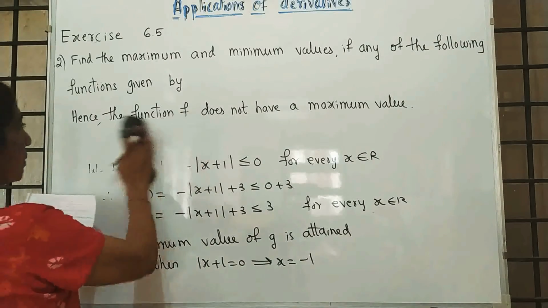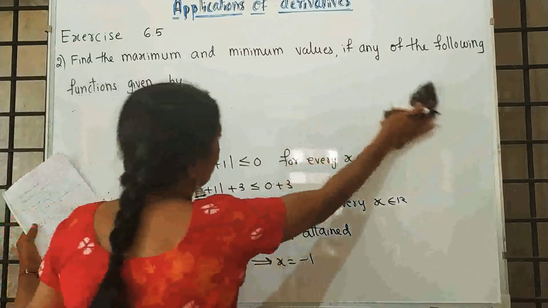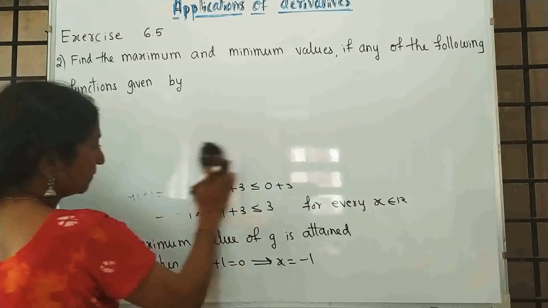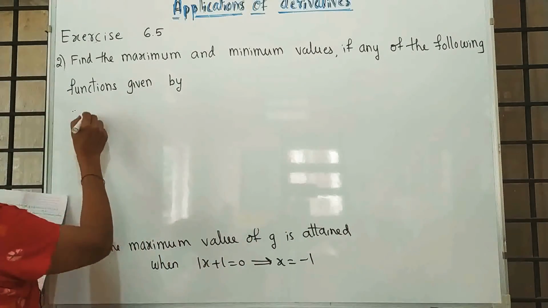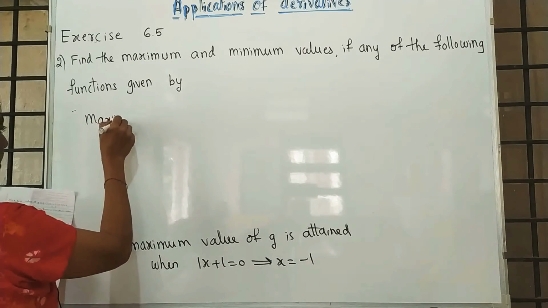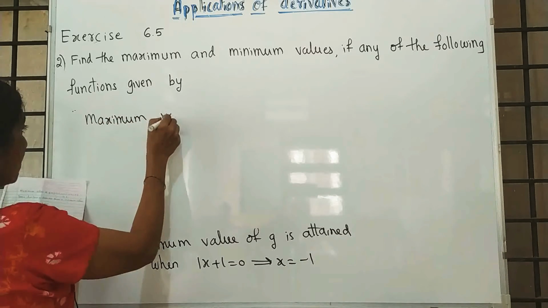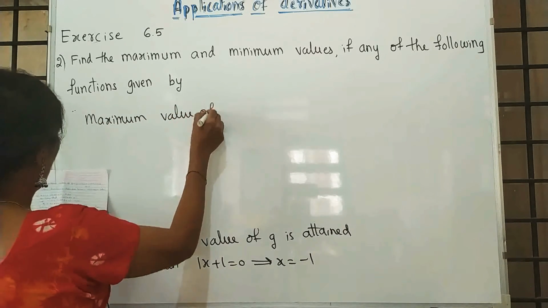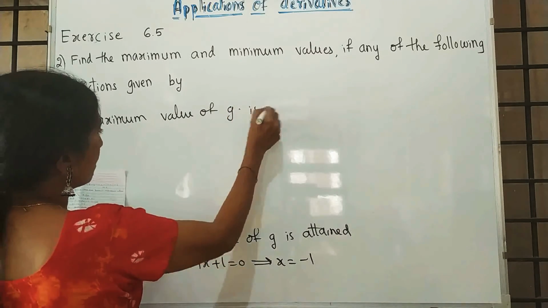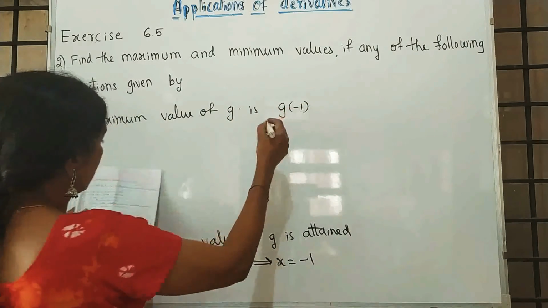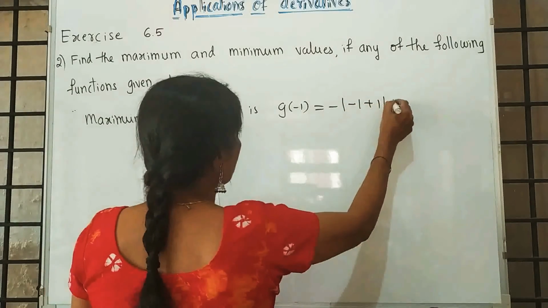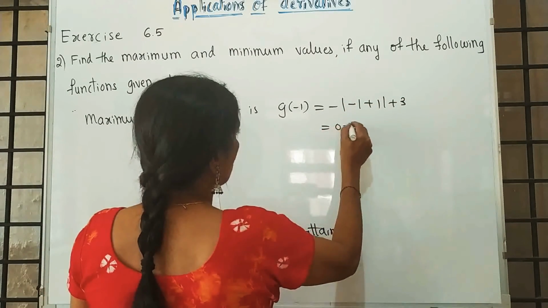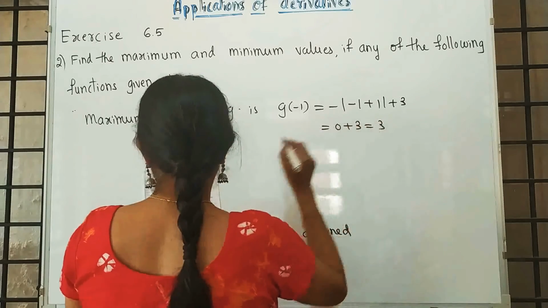Hence the maximum value of g is g of minus 1, which is minus of mod minus 1 plus 1, plus 3, that is 0 plus 3, equal to 3.